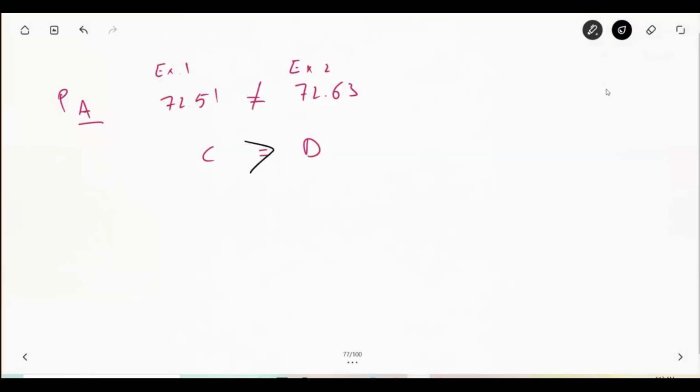In this case, what you can do, simultaneously, is take a short position in the one with the highest price, in this case, this one, because 72.63 is greater than 72.51. So first, we take a short position. We will receive plus $72.63 in cash.